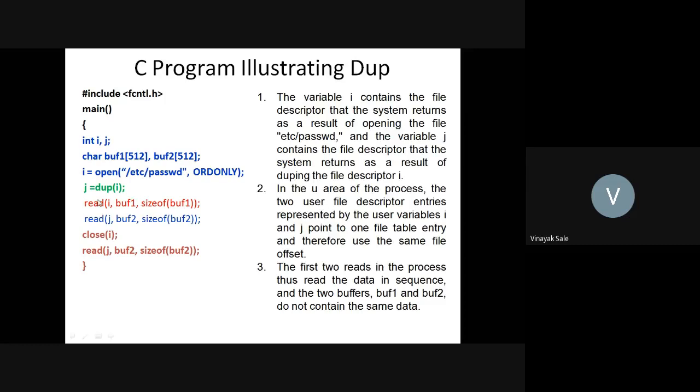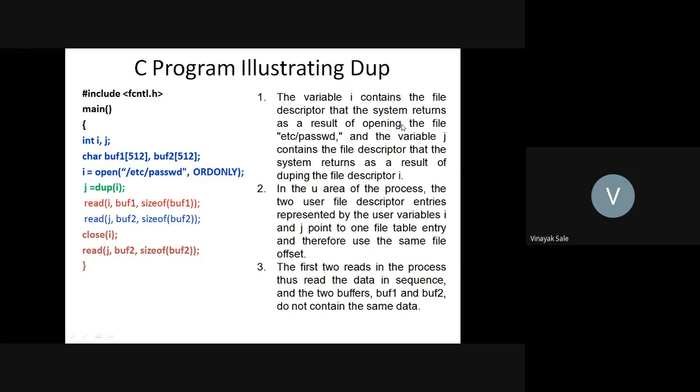So read the value of i, buffer1 and size of buffer1. Similarly, read j, buffer2 and size of buffer2, close i, then read j, buffer2 and size of buffer2.